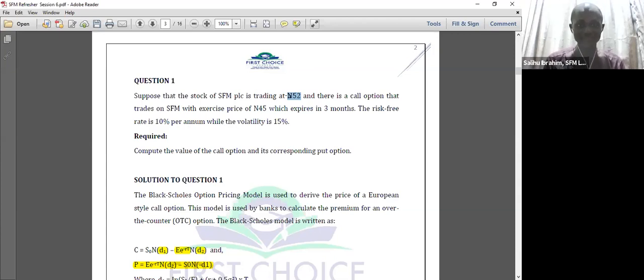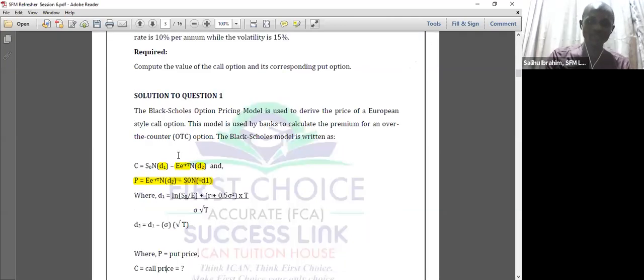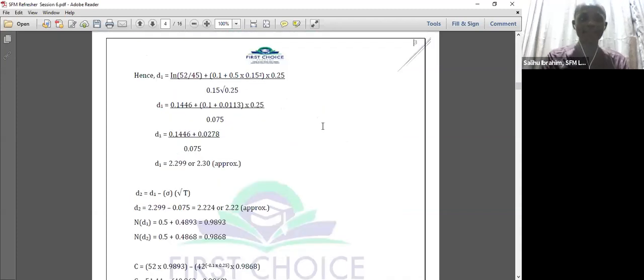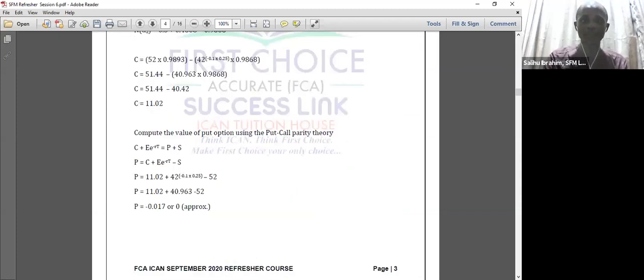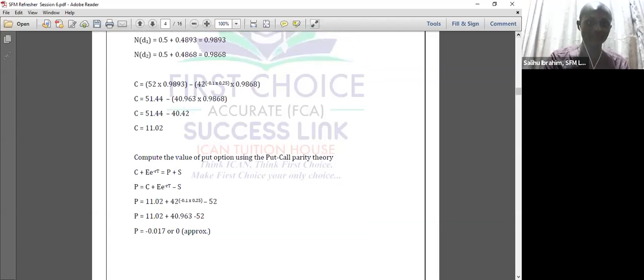The risk-free rate is 10% per annum, while the volatility is set as standard deviation. So while the volatility is 50%, compute the value of the call option and its corresponding put option. The way you hear that, what do you need to do? Just go and pick your Black-Scholes option pricing formula.